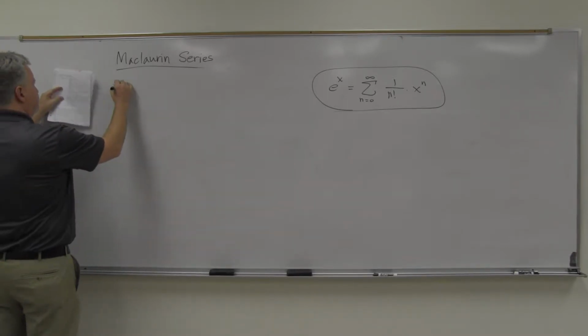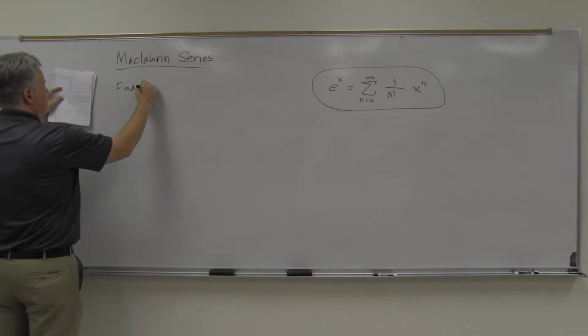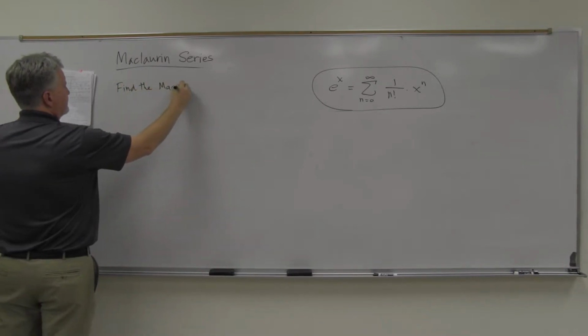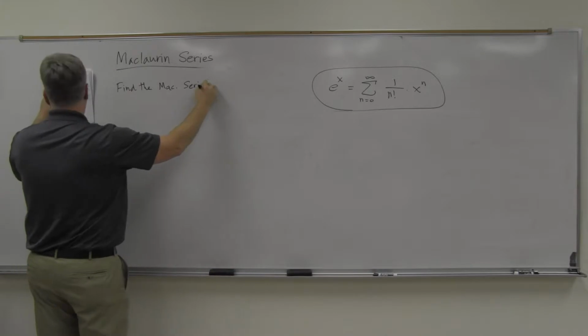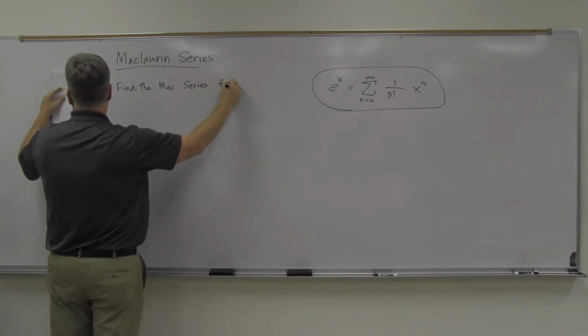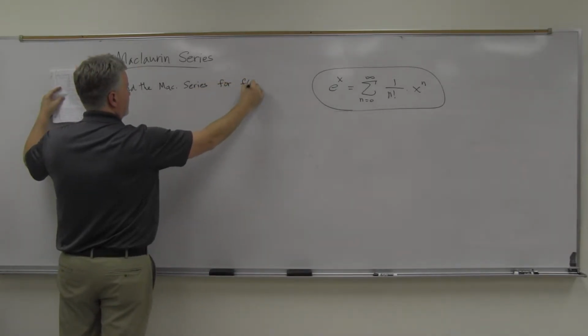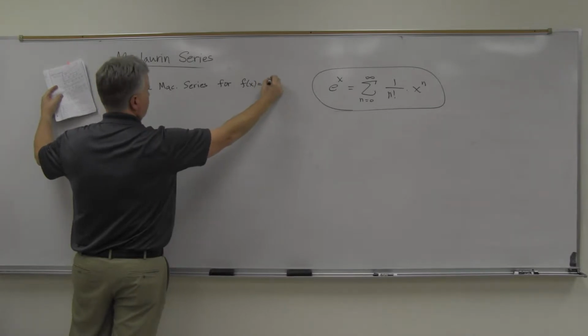So what's the Maclaurin series for f of x equals e to the x over 3?